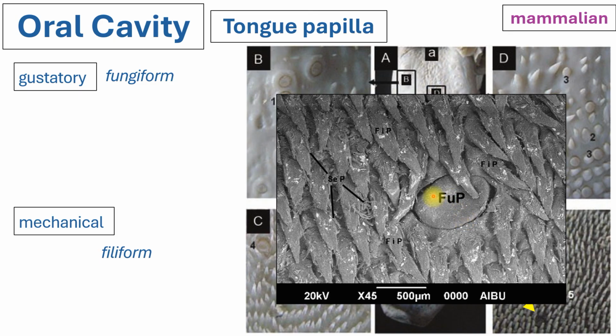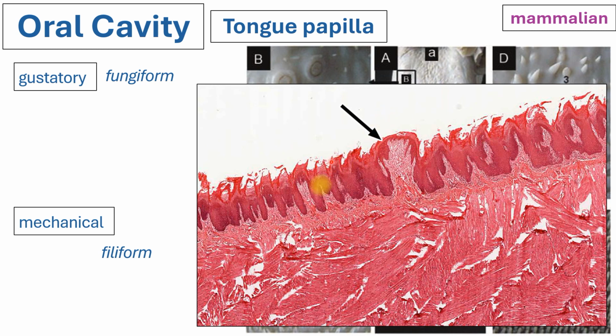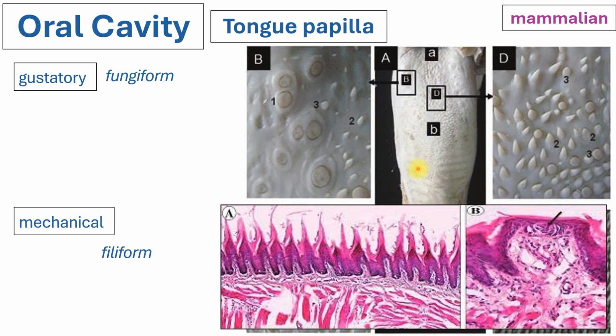The taste buds of your fungiform papilla are usually seen in the ridge at the edge. Here, filiform papilla here, and your fungiform papilla. Filiform papilla and then fungiform papilla.